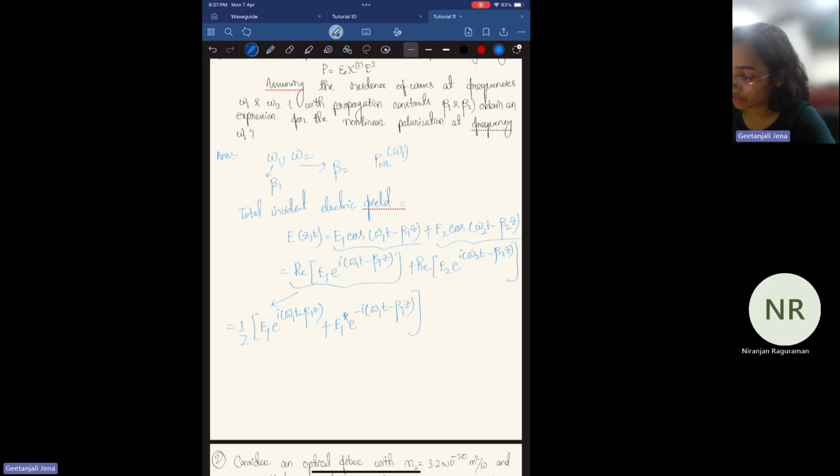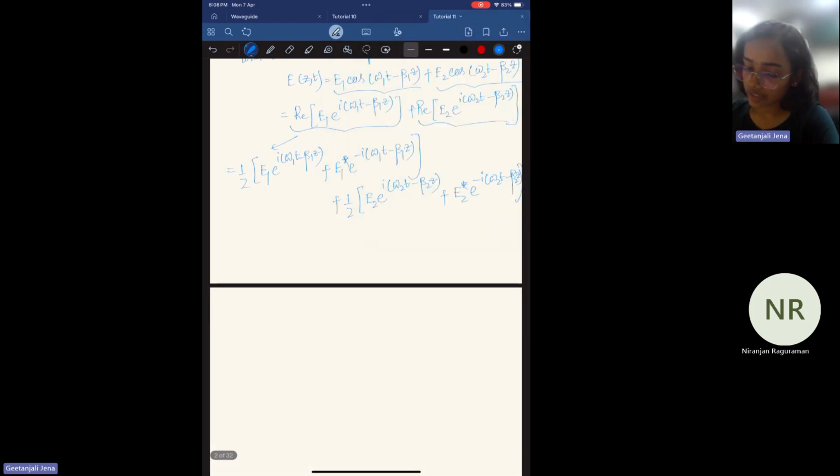You already know that the real part can be expressed in this way. Similarly, we have an expression for E2, which is half of E2 e to the power i(omega 2 t minus beta 2 z) plus E2 star e to the power minus i(omega 2 t minus beta 2 z).